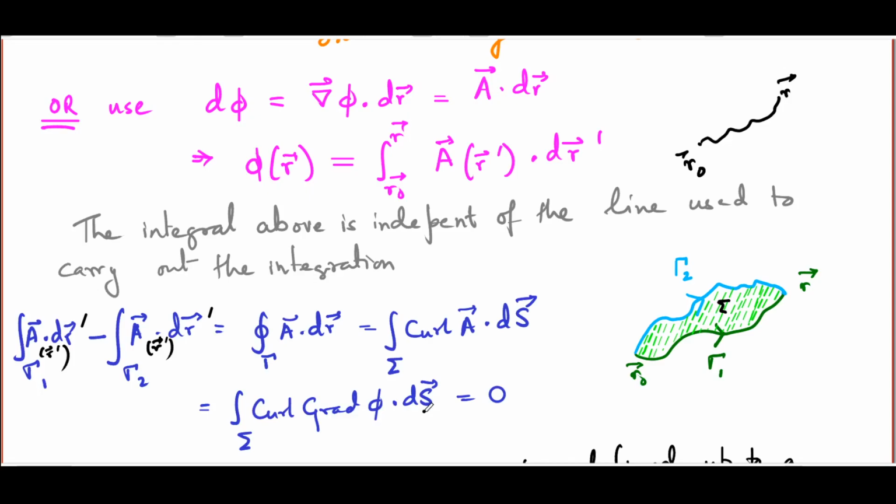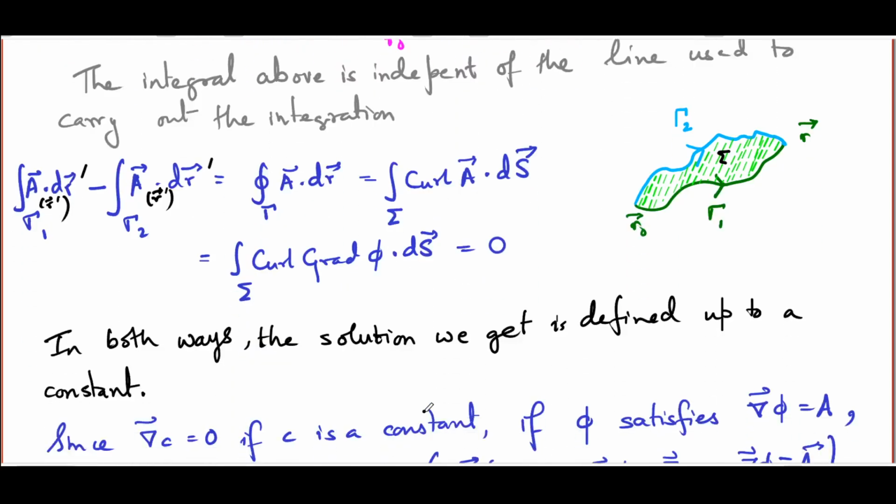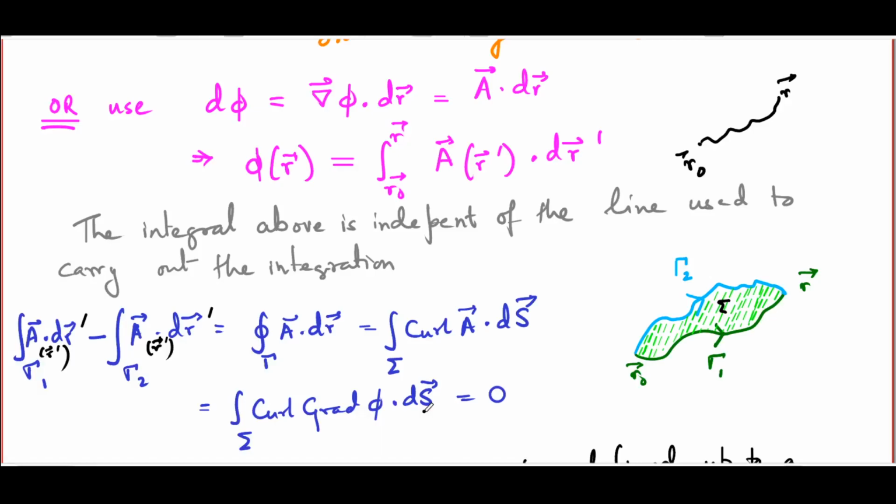So what we end up with is the difference in the two integrals over gamma 1 and over gamma 2 is actually 0, and therefore both of these integrals are one and the same. So the infinitely many possibilities of paths from r0 to r does not give us a lack of uniqueness.